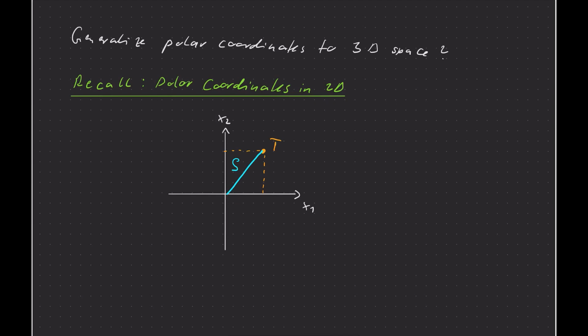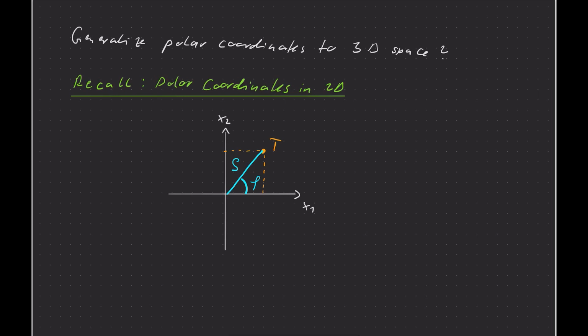And also, you would specify the angle of that line connecting the origin to T, between that line and the x1 axis. That's called phi, the angle or the argument of T.